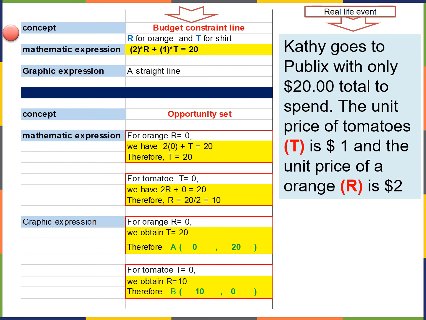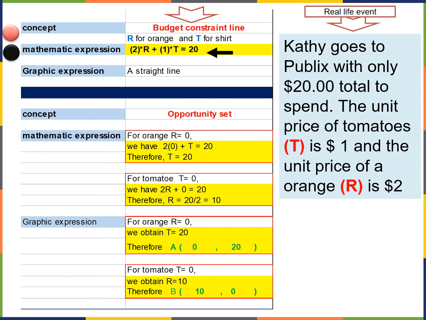The budget constraint line here is the concept, and the mathematical formulation is 2R + T = 20, meaning that I multiply the price of orange times the quantity of orange, which gives me the total purchase of orange.